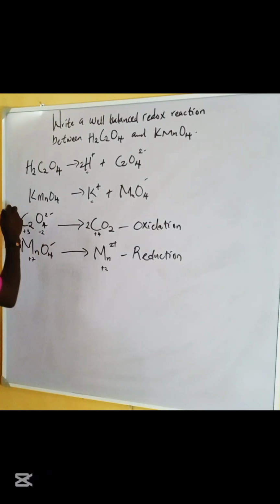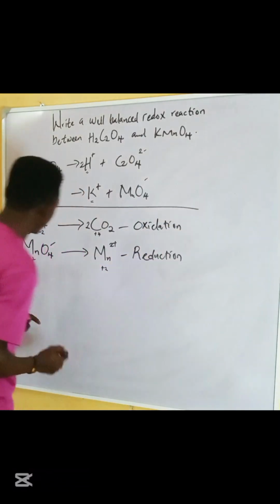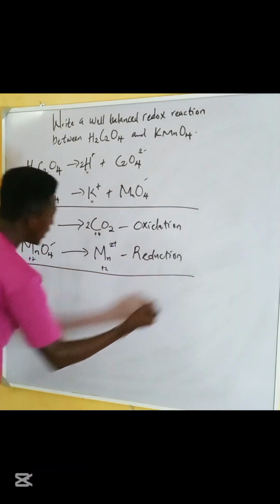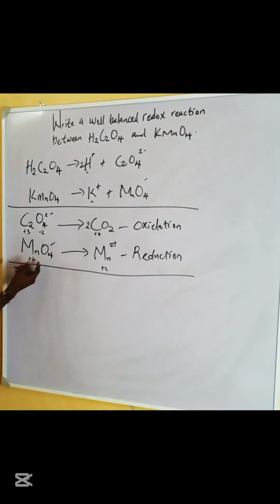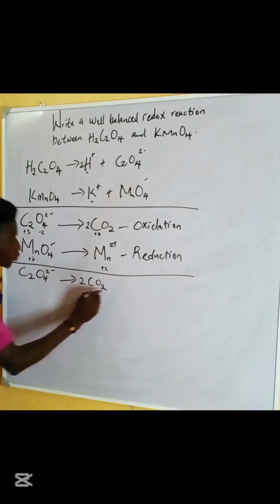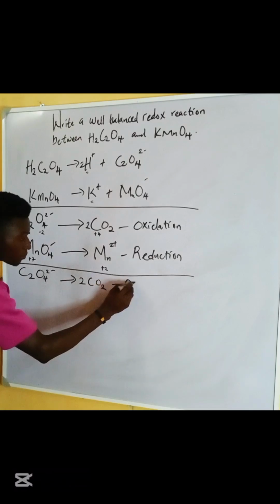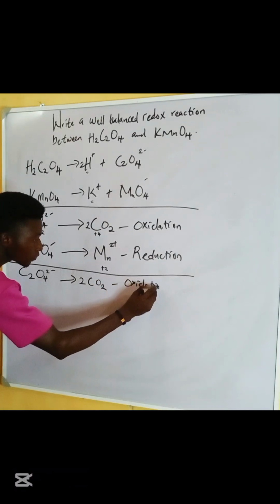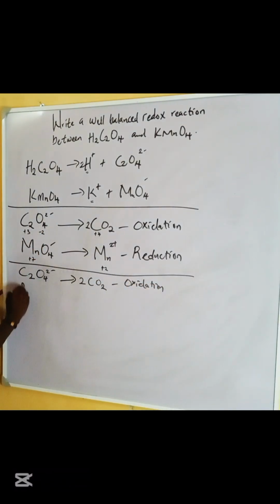Are we together? So let me rewrite it so that at least it will not confuse you. 2 C2O4 2 minus gives 2 CO2. Of course, it's still my oxidation. Now for the second one, I have MnO4 minus.